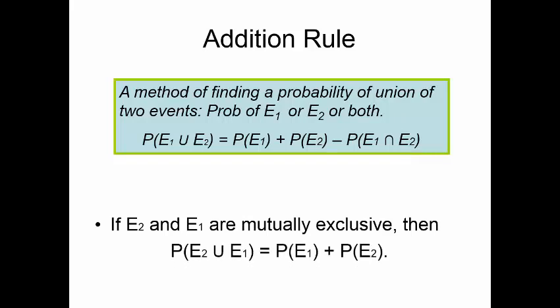Now, if the events E2 and E1 are mutually exclusive, that means that the intersection of E1 and E2 is null. Then the probability of E1 or E2 or both is given by simply adding the probability of E1 and the probability of E2.